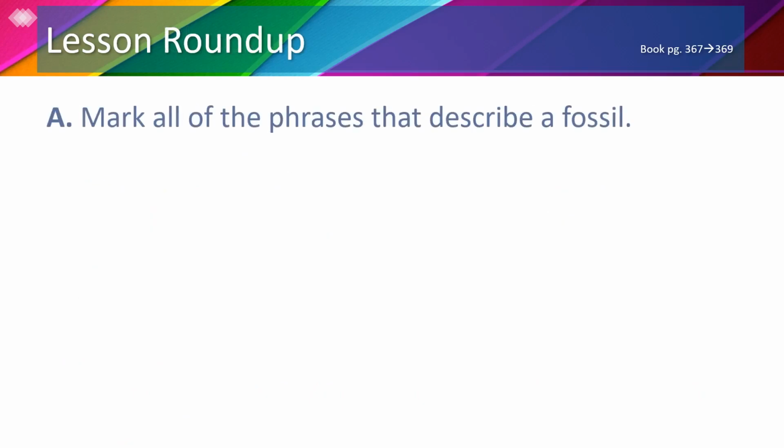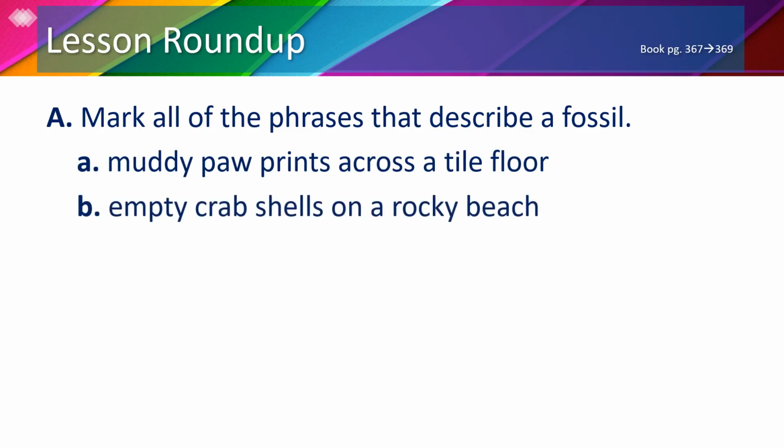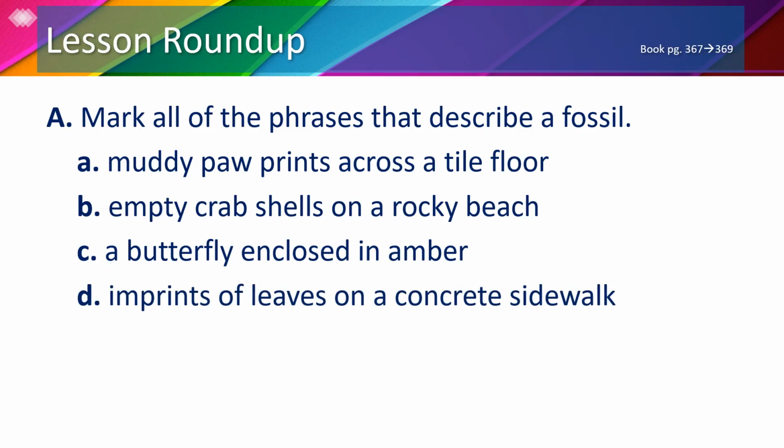Now the lesson roundup on page 369, part A. Mark all of the phrases that describe a fossil. A. Muddy paw prints across a tile floor. B. Empty crab shells on rocky beach. C. A butterfly enclosed in amber. D. Imprints of leaves on a concrete sidewalk.